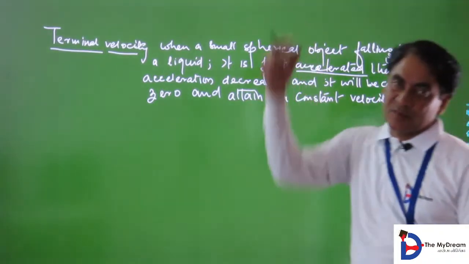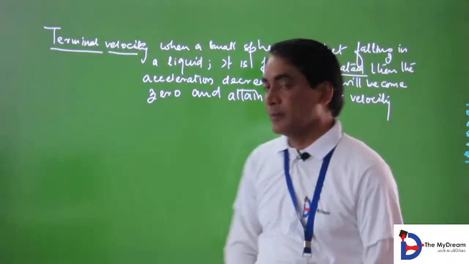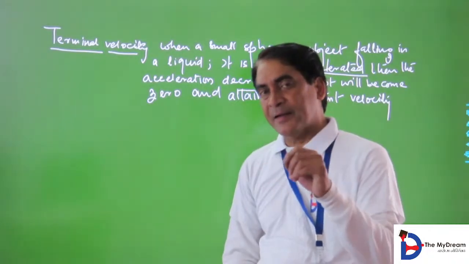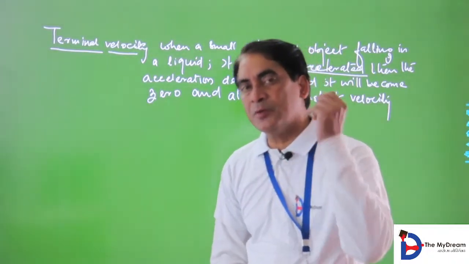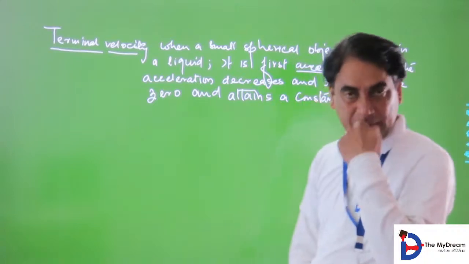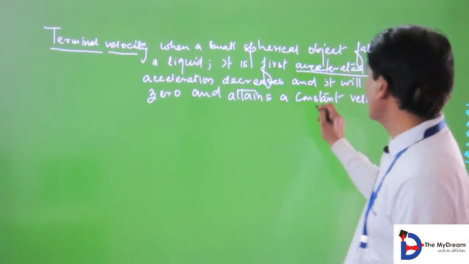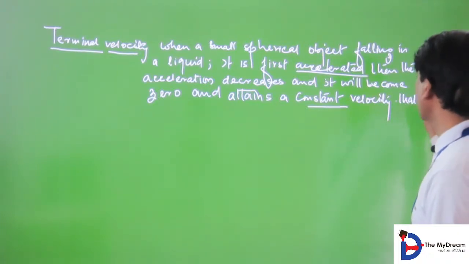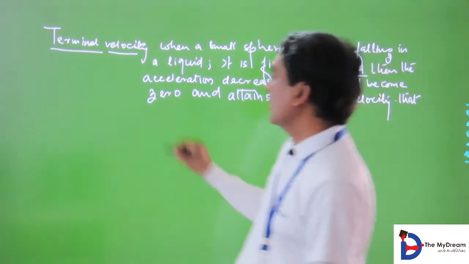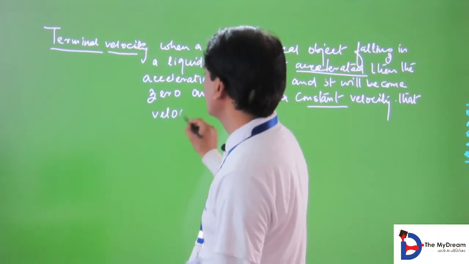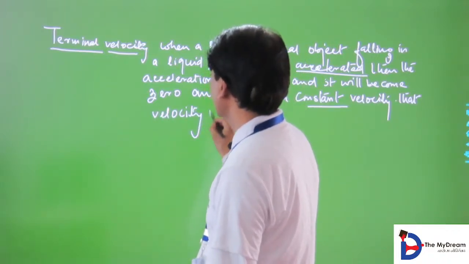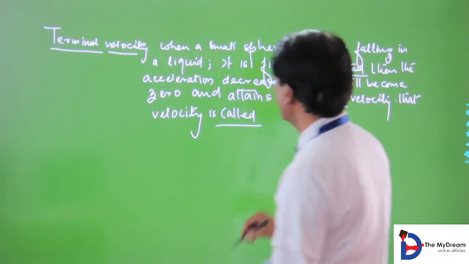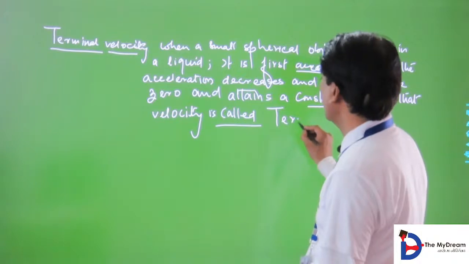When an object is falling in a liquid, its acceleration first increases, then decreases until it becomes zero. Then it attains a constant velocity. That velocity is called terminal velocity.